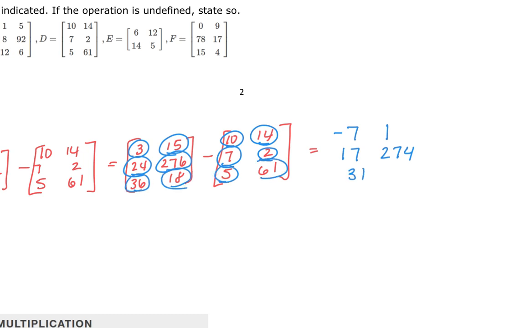And 18 minus 61 is, let me see, 18 minus 61 is -43. And then this is my final answer.